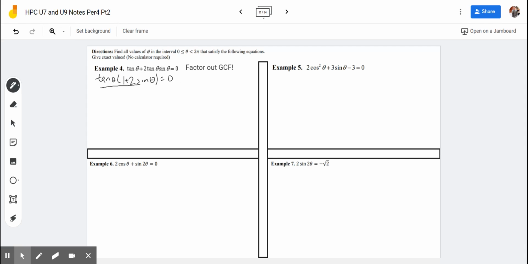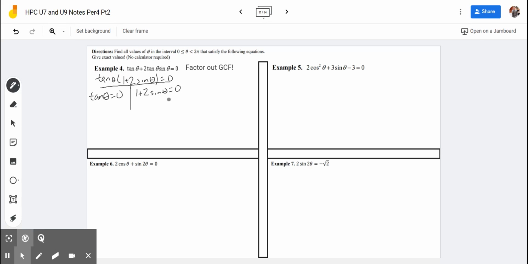So what we can do from here is set each of our factors equal to 0. So we have tan theta is equal to 0, and then we have 1 plus 2 sine theta is equal to 0 as well.